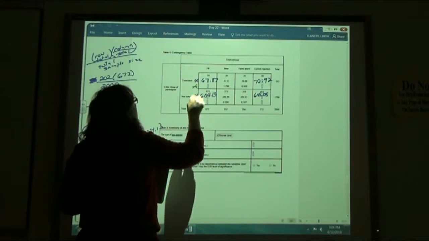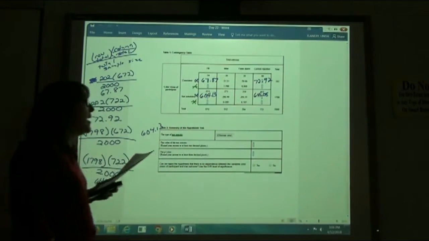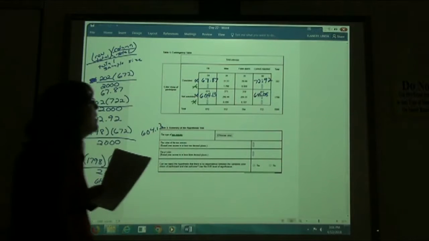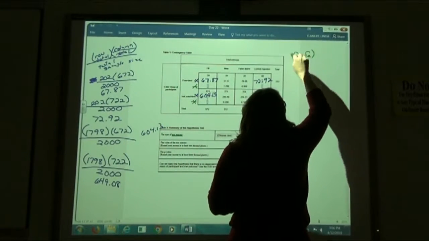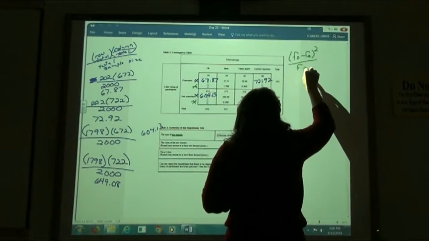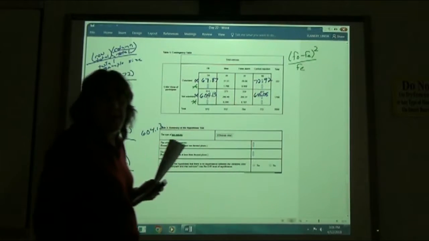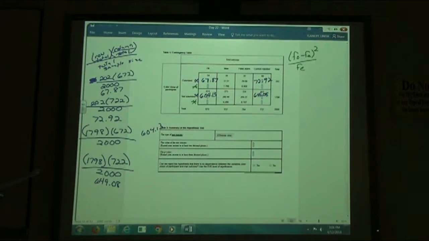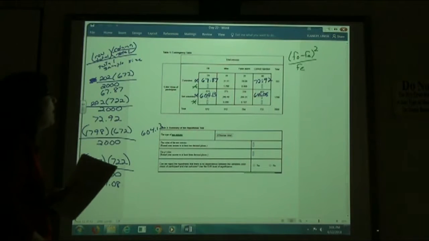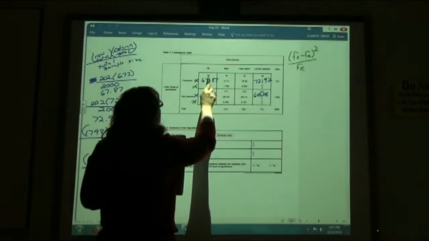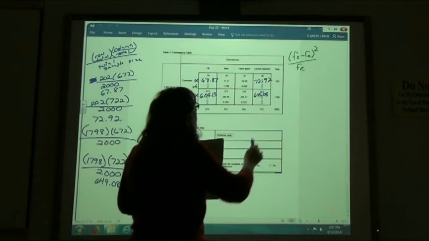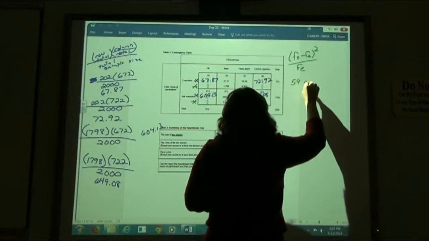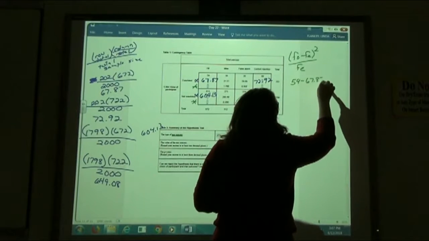Now, the next ones is my formula. FO minus FE squared divided by FE, right? It's that formula we've been calculating all along. So, on the first one, we have 59 minus 67.87.